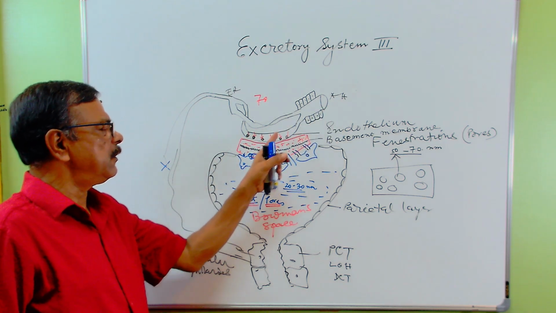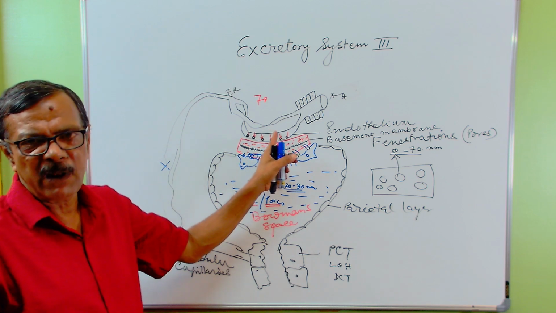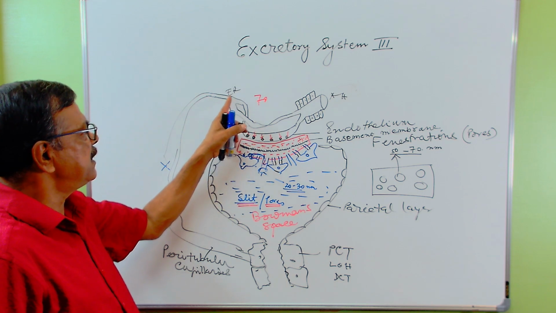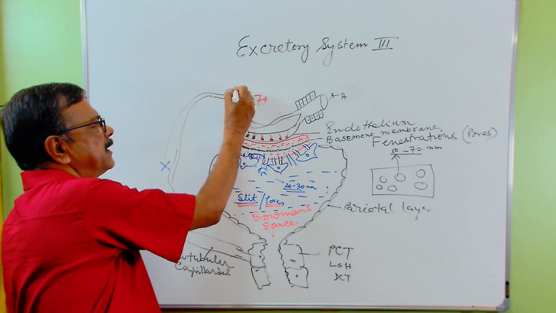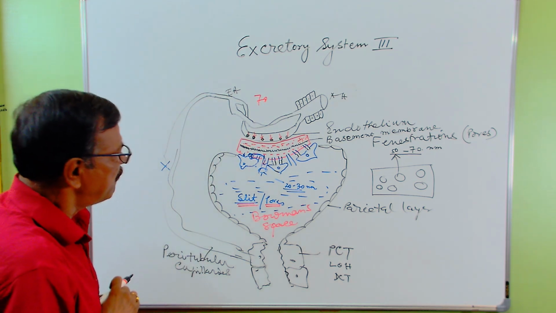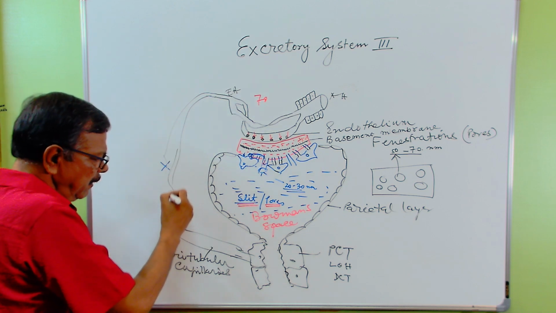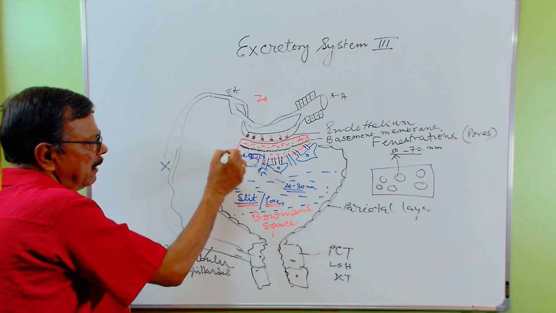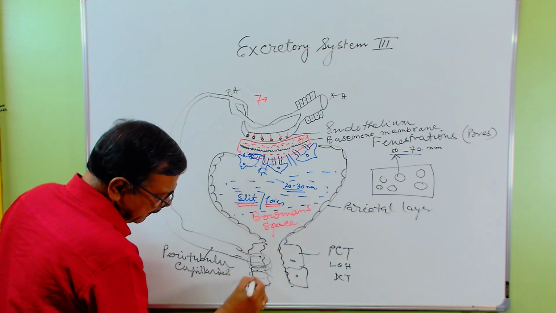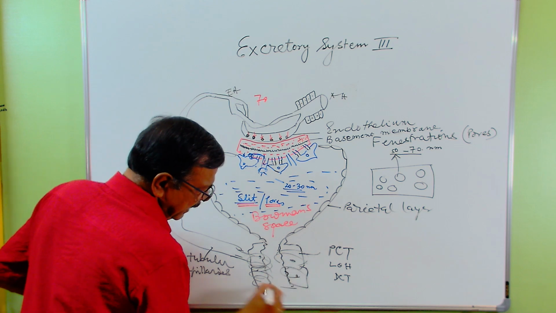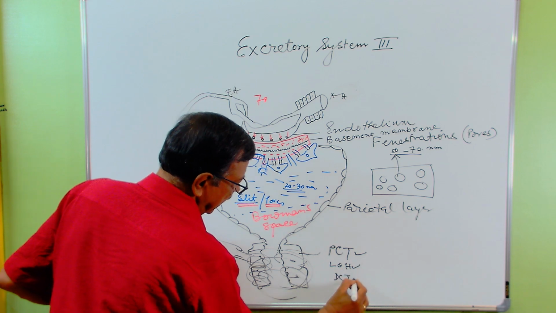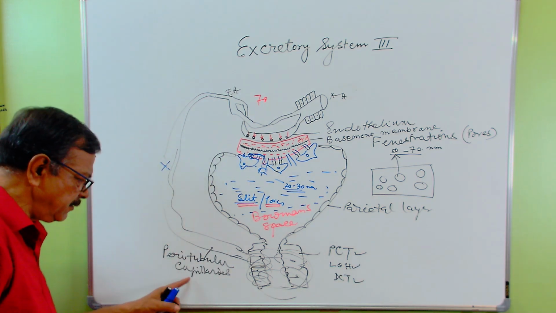That efferent arteriole, after breaking down into the glomerular tuft, anastomoses and joins as efferent arteriole. Efferent arteriole has some other functions to perform. After coming out from the Bowman's capsule, it again makes capillaries over the PCT, loop of Henle and distal convoluted tubule.